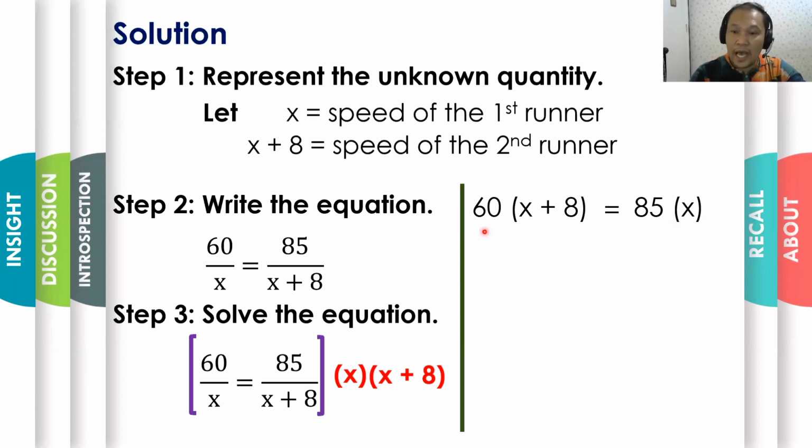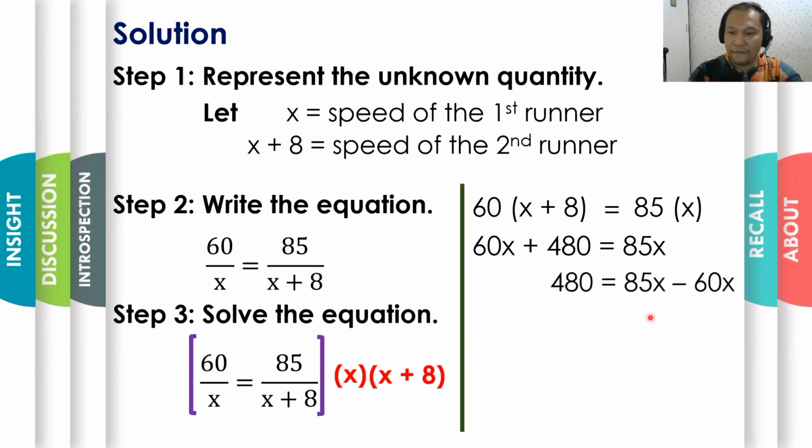Then after that, apply now the distributive property. We have 60 times x, 60x, 60 times 8, 480, is equal to 85 times x, 85x. Next, 60x will be transposed to the right side, making it 480 is equal to 85x minus 60x. 85x minus 60x is equal to 25x.